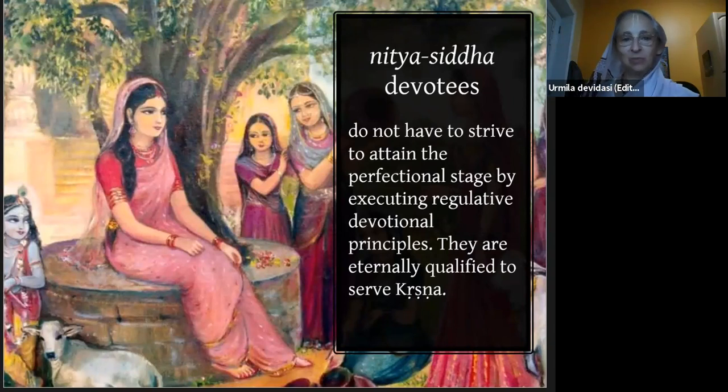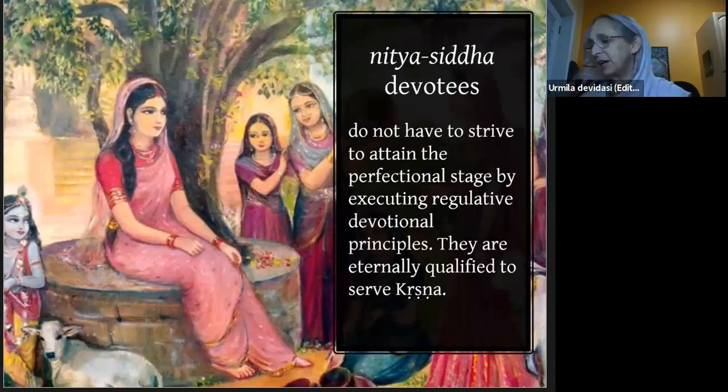And we discussed in the first part of the class how devotees who are sadhakas can be an ashraya, and how devotees who become siddhas, either through practice, through sadhana, or through mercy, through kripa. Now we're going to look at the devotees who are always perfect. They were never conditioned souls. They did not become perfect.